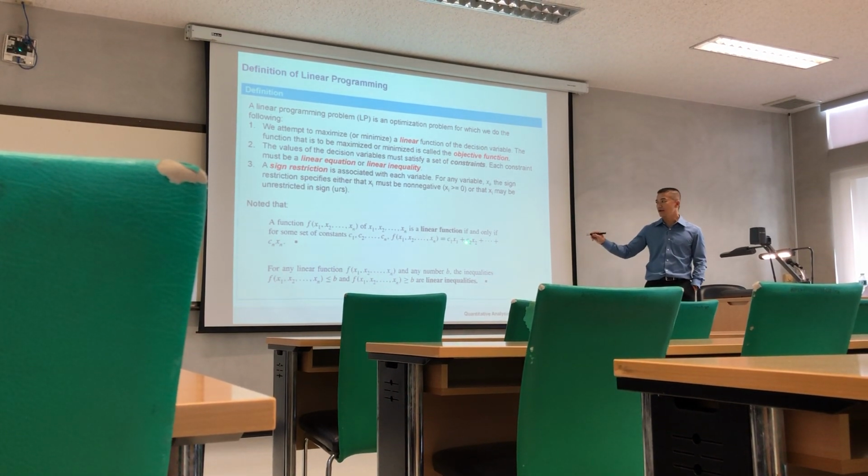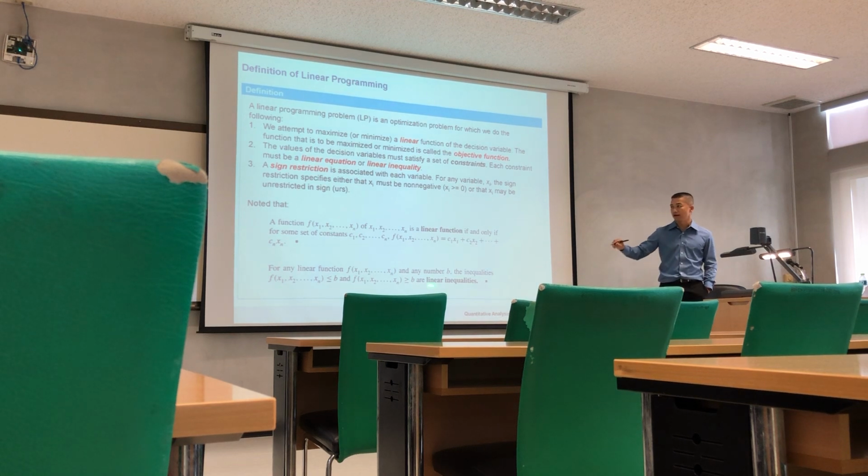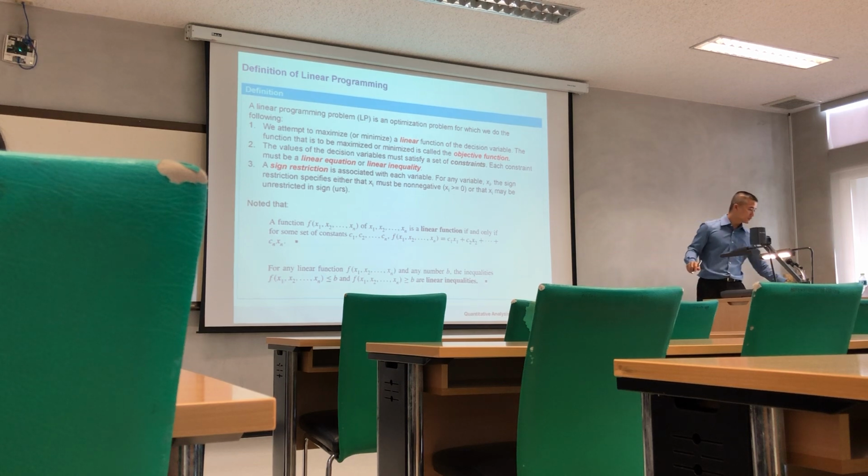So each x has a degree of 1. That's a linear function. And for the inequalities, I have said, linear inequalities have this sign, less than or equal to or greater than or equal to. That's the linear inequalities.